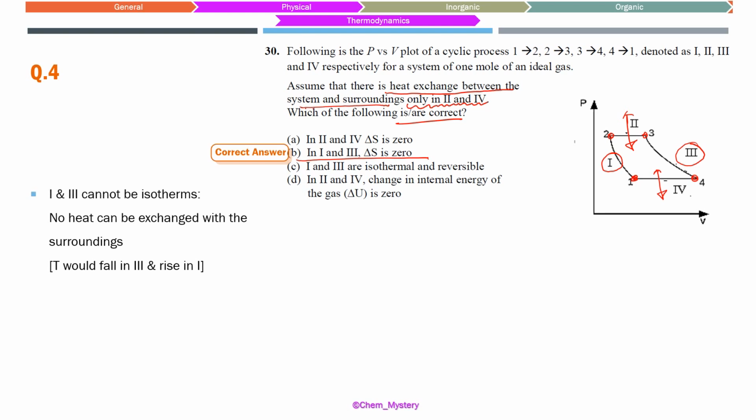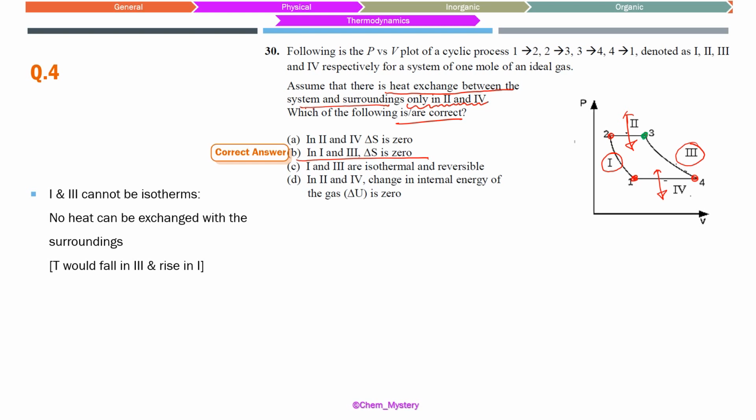What we can read from the given information is that the first and third processes cannot be isotherms. And we understand why, because starting from this point, this is going to be expansion, right?